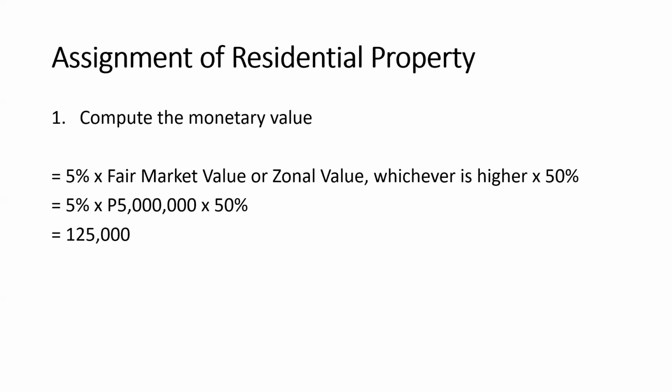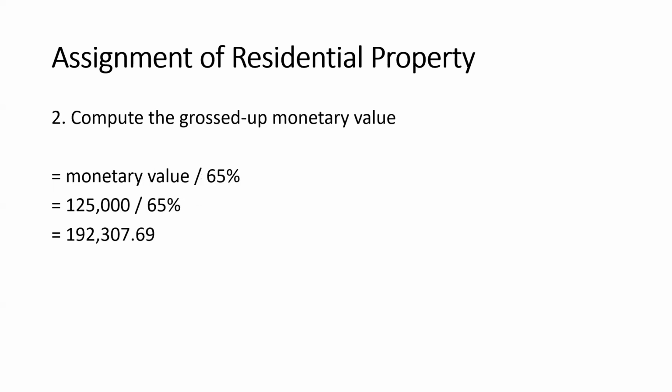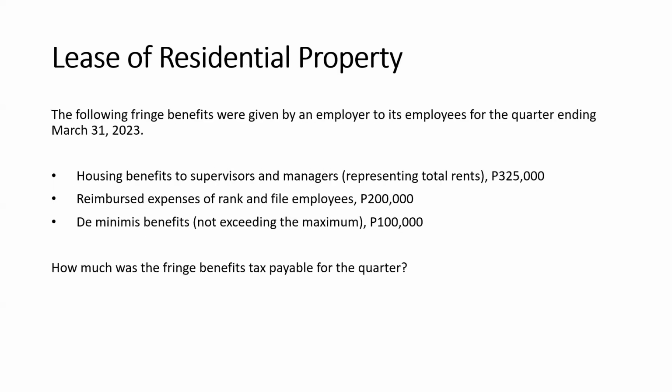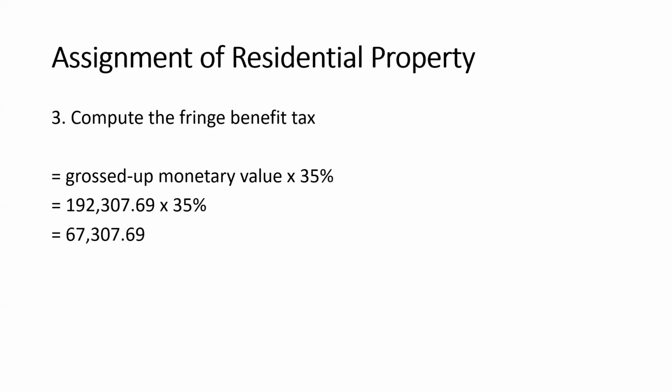Okay, 5% of the fair market value or the zonal value, whichever is higher, times 50%, that is 125. That's the monetary value. So the monetary value divided by 65% times 35% is 67,307. That is your fringe benefit tax.